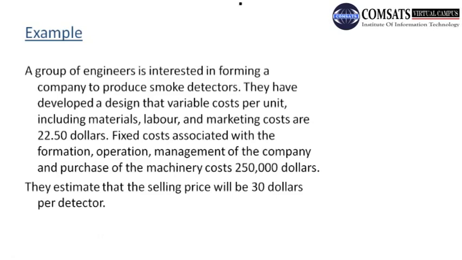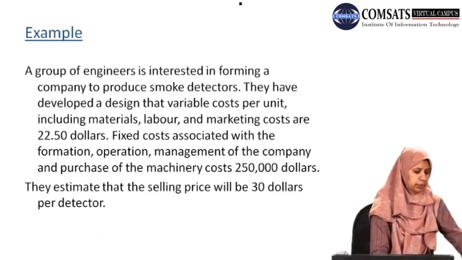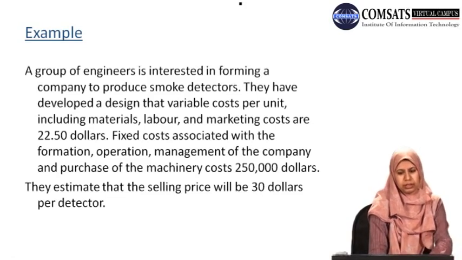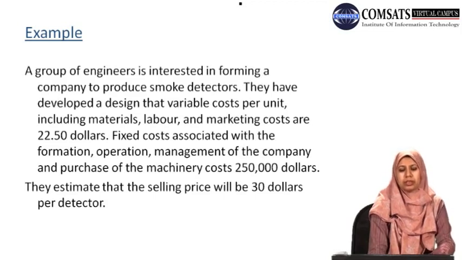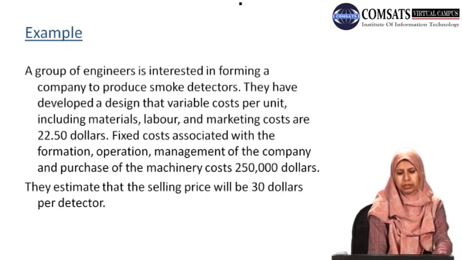Okay, now we come to an example. The example says that a group of engineers is interested in forming a company to produce smoke detectors. They have developed a design that variable cost per unit, including materials, labor, and marketing cost, are $22.5.